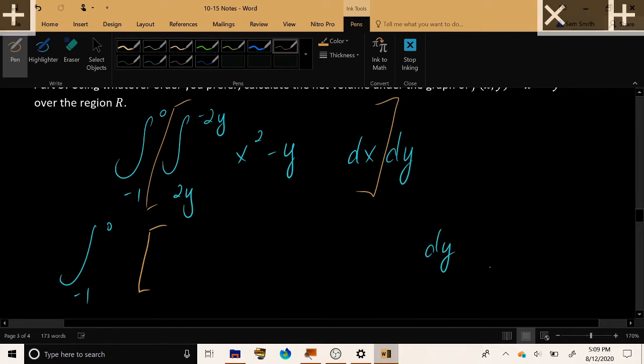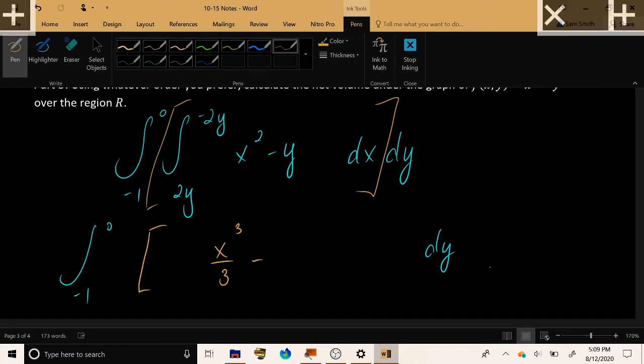The antiderivative of x squared with respect to x is x cubed over 3 by the power rule. Now what is the antiderivative of y? Be careful because it's not y squared over 2. Y is essentially like 5 here.